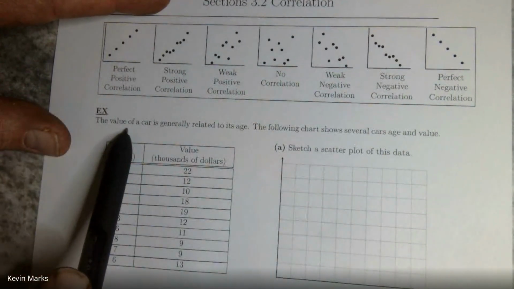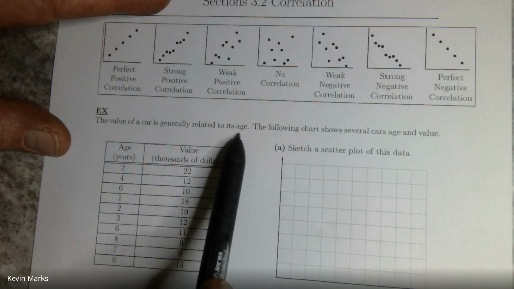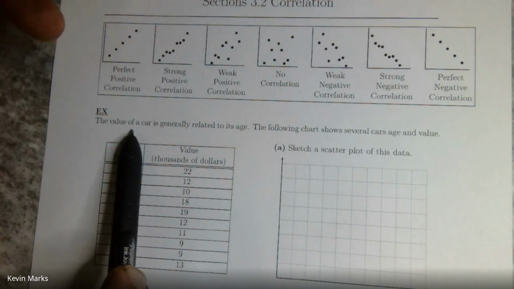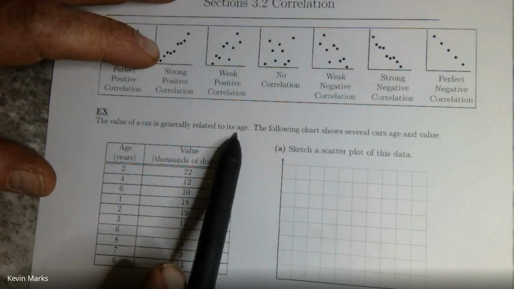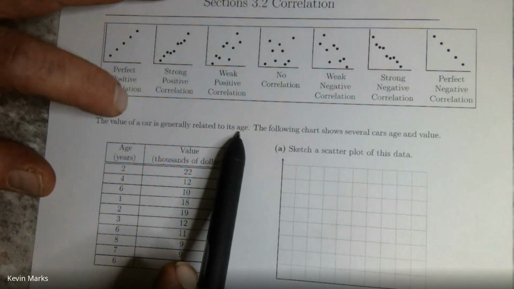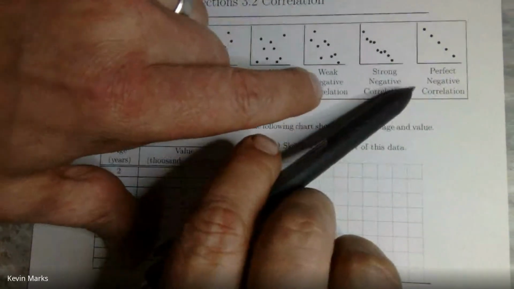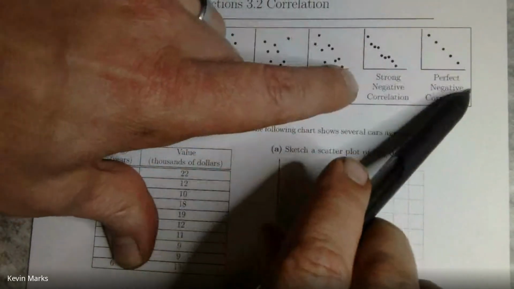Think of the value of a car related to its age. If you imagine the age of a car, the older it gets, would you expect the value to increase or decrease? Hopefully you're thinking that as the car gets older, the value is going to get lower. So we'd be expecting something in this negative world. As the age of the car increases this way, we would expect the value to go down.